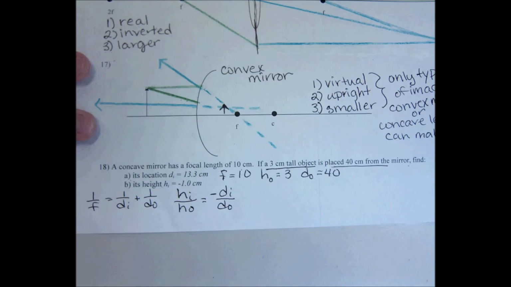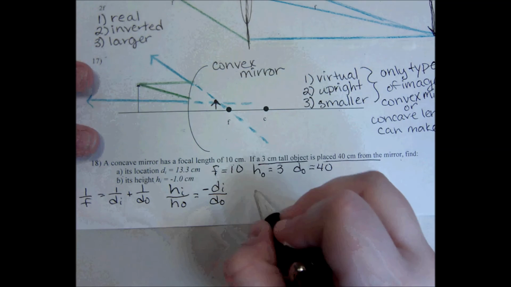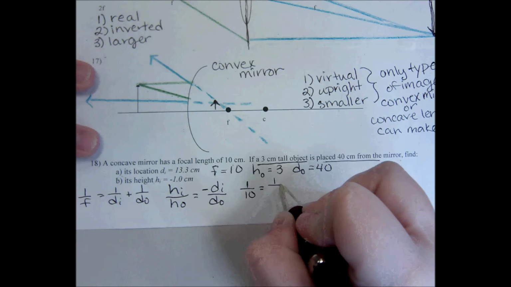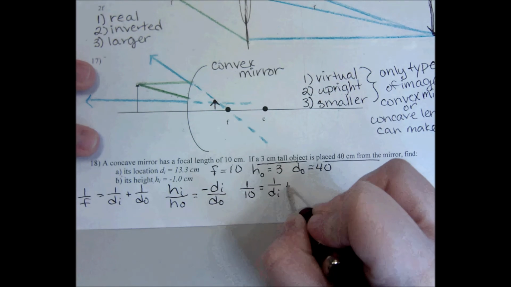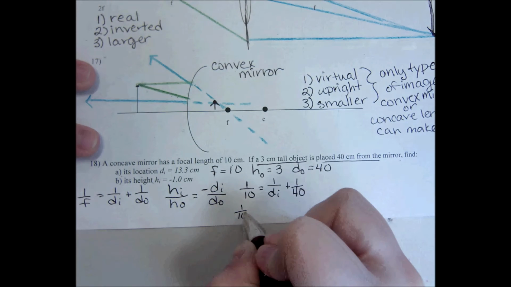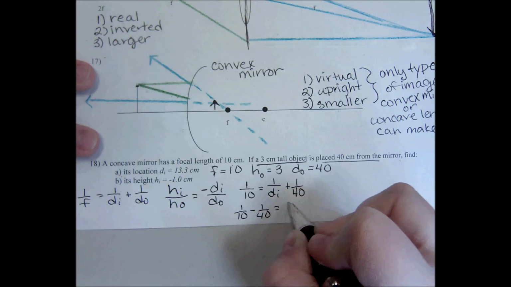So now we just have to plug numbers in. 1 over 10 equals 1 over di plus 1 over 40. 1 over 10 minus 1 over 40 equals 1 over di.